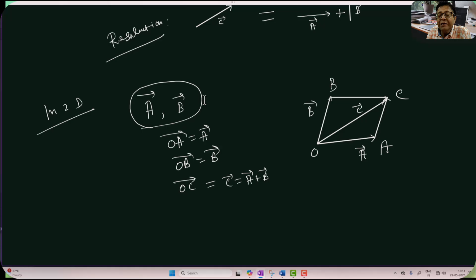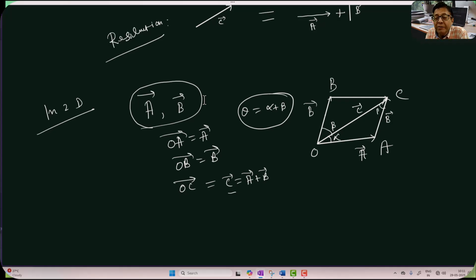Now, suppose the angle between the two vectors is known, where that angle theta, we are taking this one as alpha, this one as beta. Okay, beta. What are the values of A and B? What are the magnitudes of A and B in terms of the vector C and the total angle theta equal to alpha plus beta, that we are going to state.